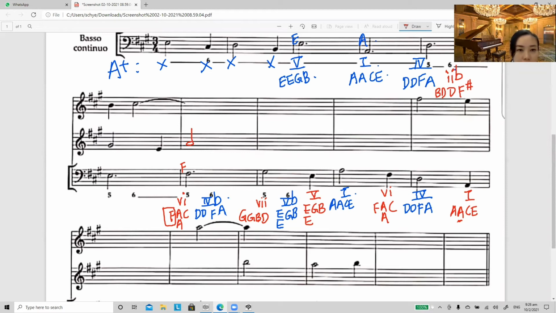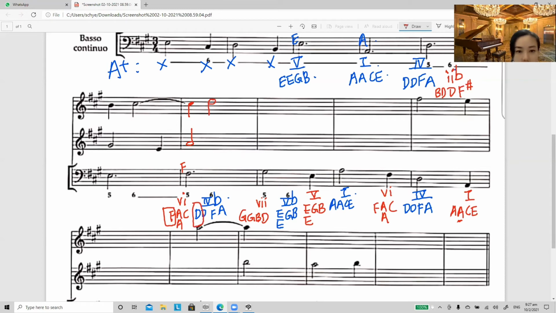Top line, there's a suspension. They are giving you a hint by writing a tie that you need to have a suspension here. So if this is a suspension, I will tie over to a C. For the next bar, the D is missing, so I'll go to a D.